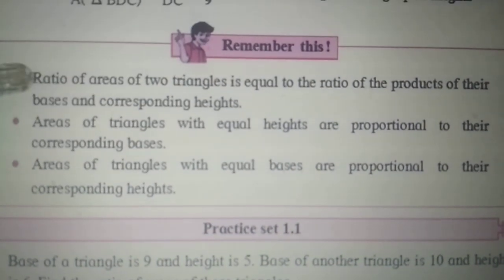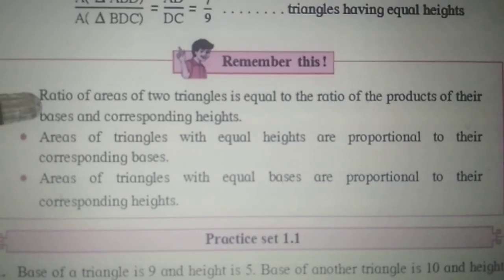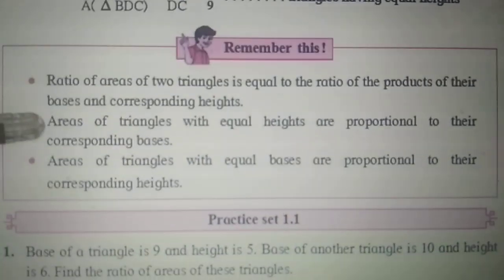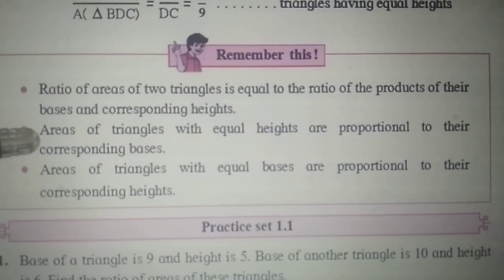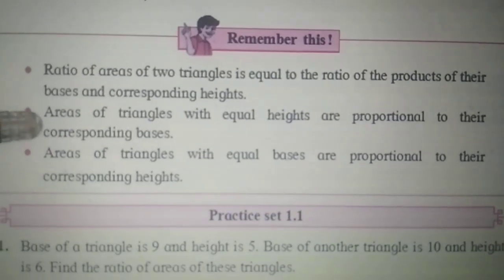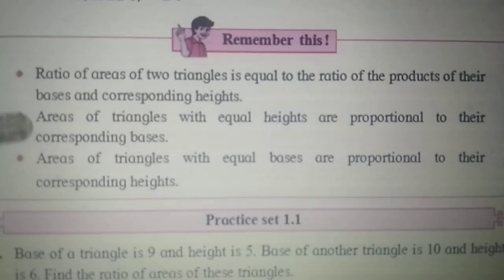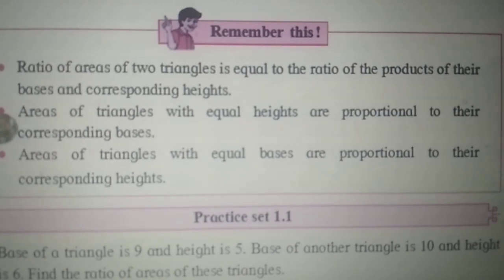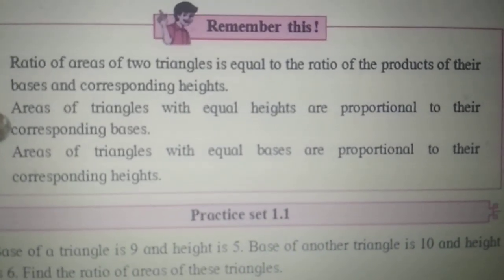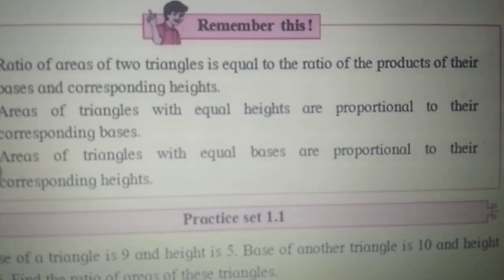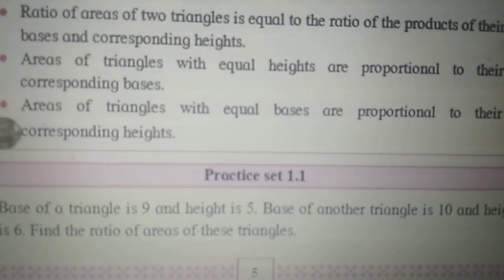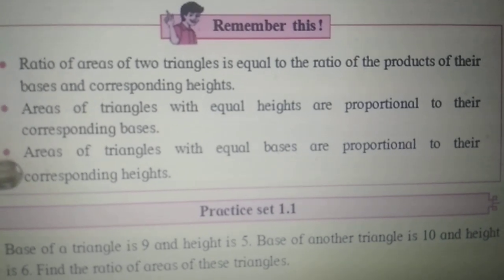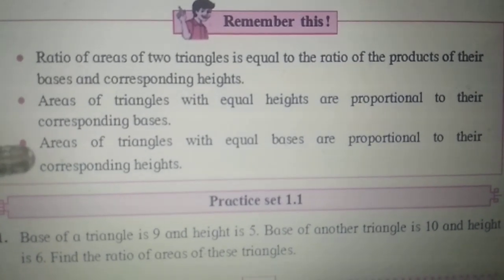Second, areas of triangles with equal heights are proportional to their corresponding bases. If height is equal, then the ratio of the areas of the given triangles equals the ratio of their corresponding bases. And if bases are equal, then the areas of triangles with equal bases are proportional to their corresponding heights.